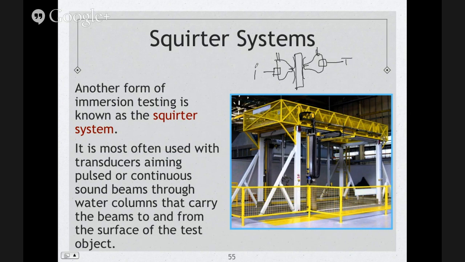One transducer would be the transmitter and the other would be the receiver. It transmits through this water path into our material, and then goes back into the water path to the other transducer. This is also considered an immersion technique, and we know it as the squirter. It is most often used with transducers aiming pulsed or continuous sound beams through water columns that carry the beams to and from the surface of the test object.